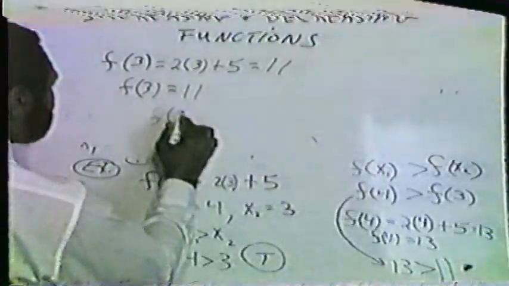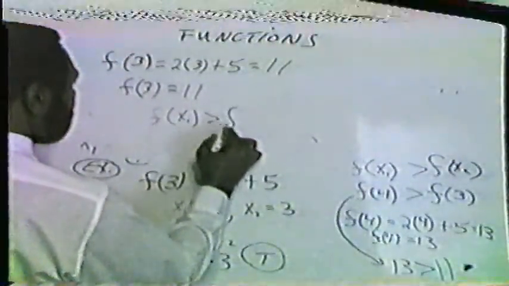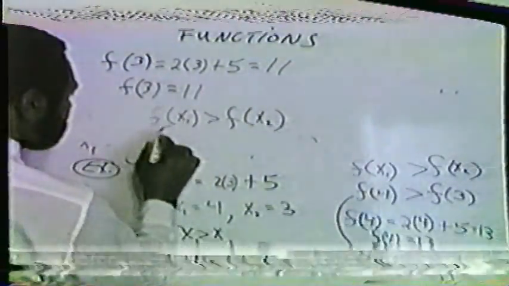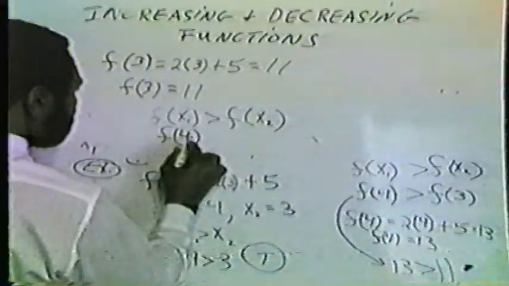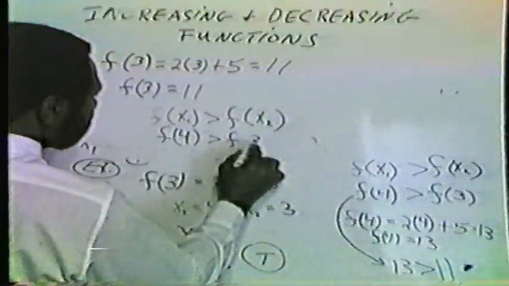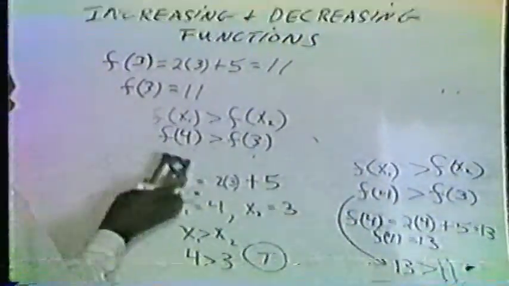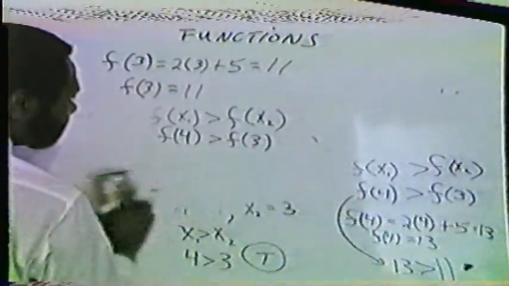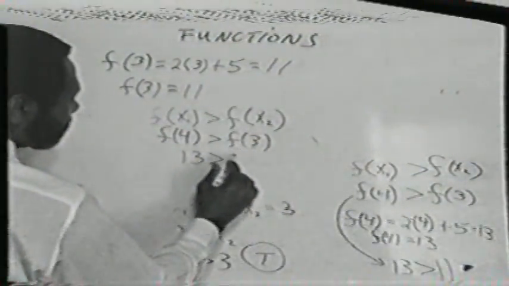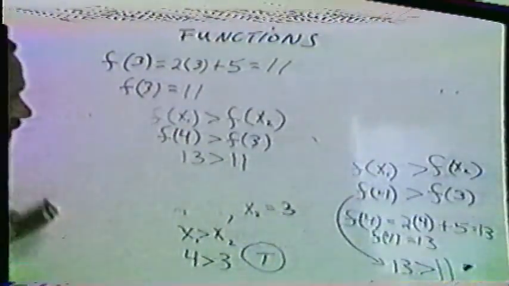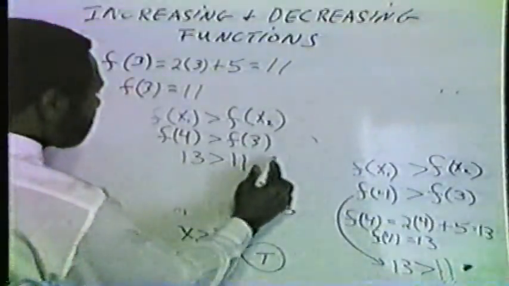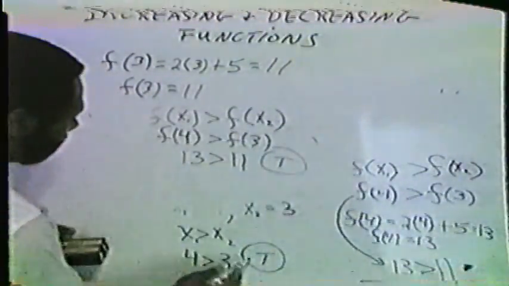We were trying to show that f of x sub 1 is greater than f of x sub 2. Is 13 greater than 11? Yes, 13 is greater than 11. This is true.